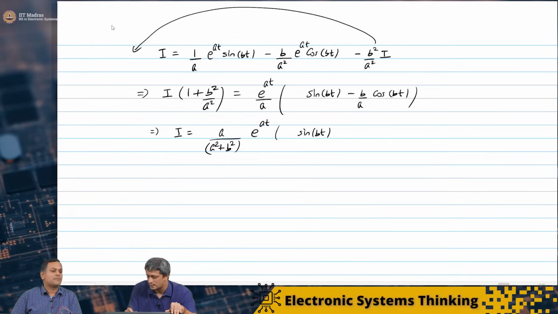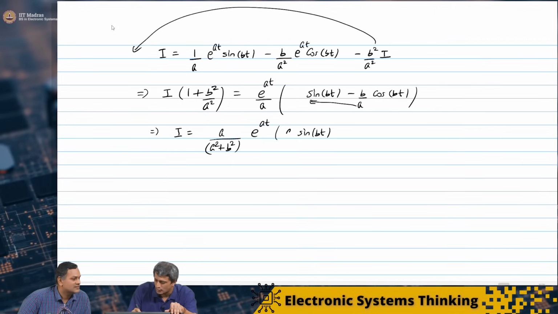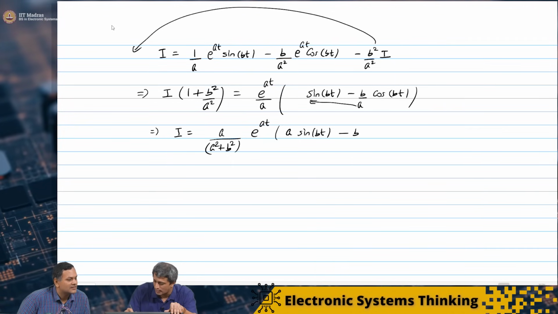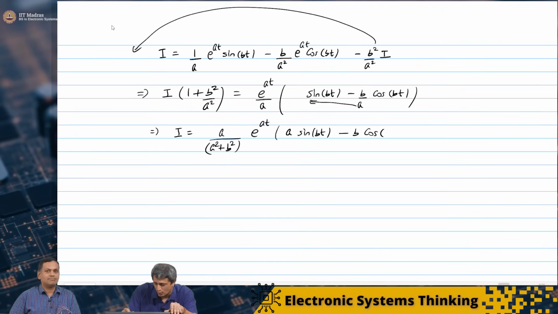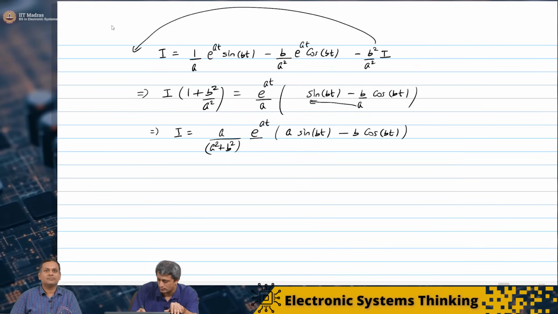I will take this a and pull it out of the bracket, so a sin(bt) minus b cos(bt), divided by a.